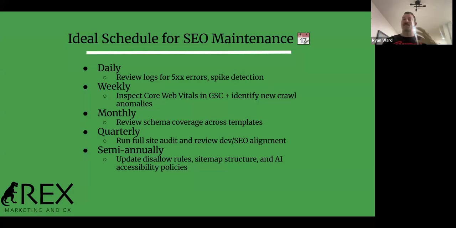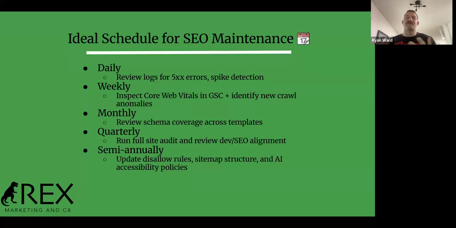So when you're thinking about what's most important from a technical perspective, after you've done an audit of things currently, on a daily basis, this is more of just setting an alert if something comes up, reviewing 5xx errors, spike detection, so things where maybe you're getting an alert if your servers are being overrun with high traffic, hurting your performance.